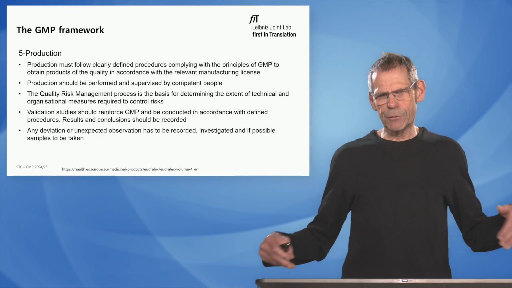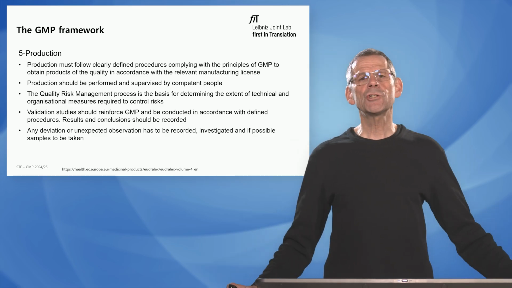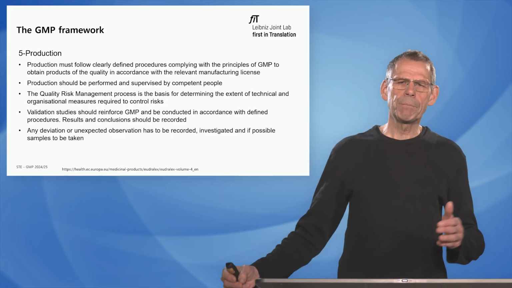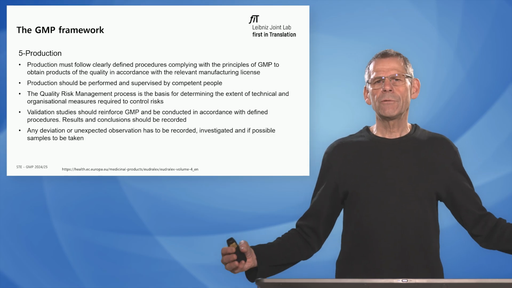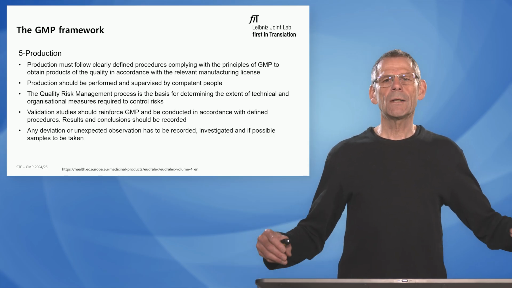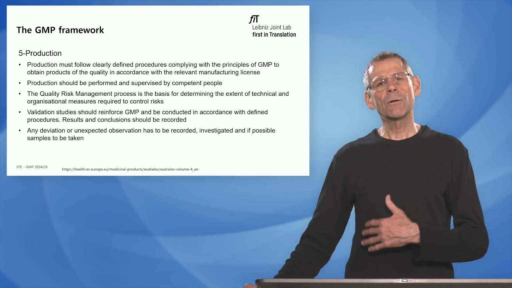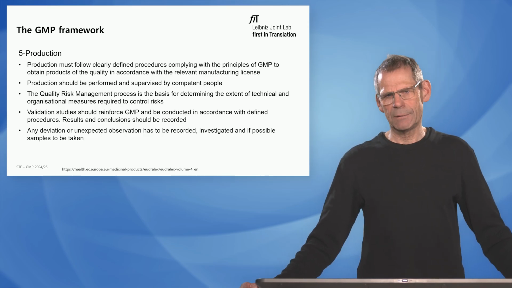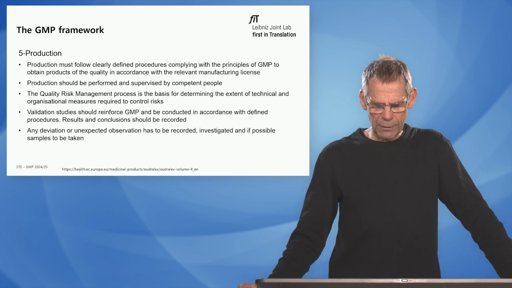Which means that after the manufacturing campaign, I might have some observations. To judge the observations on the impact of the quality, I need to document them. I need to record, investigate what happened, why it happened, and also have some samples that I could analyze in the intermediate and see if I have to take an action or if we can still release a batch.